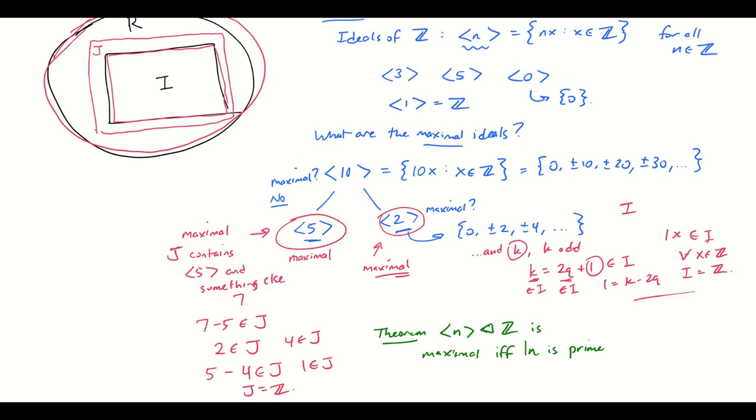I really should say if and only if the absolute value of n is a prime number, because I could take the subgroup, or the ideal generated by -5, and that would be the same as the ideal generated by 5. But customarily we call an integer prime only if it's a positive integer. But anyway, that's a theorem about maximal ideals of the integers.